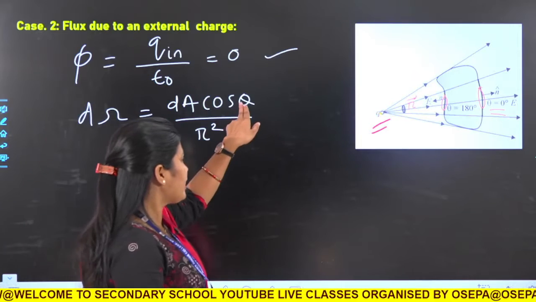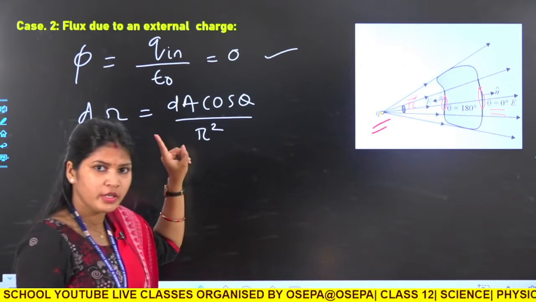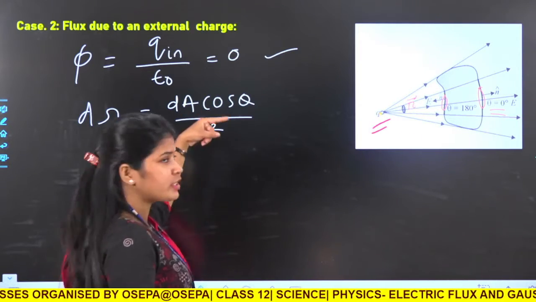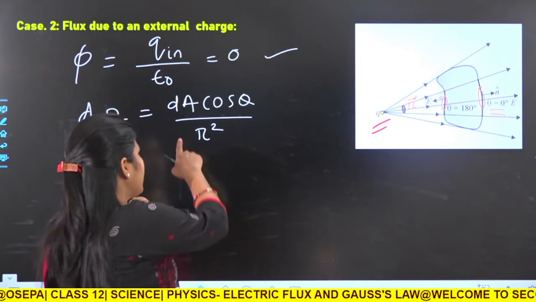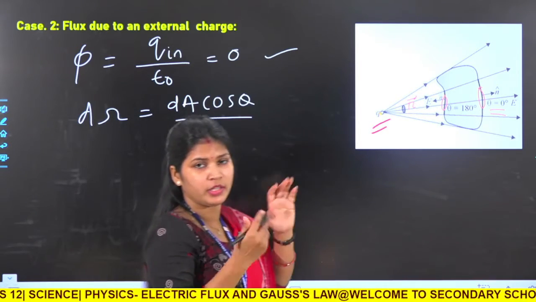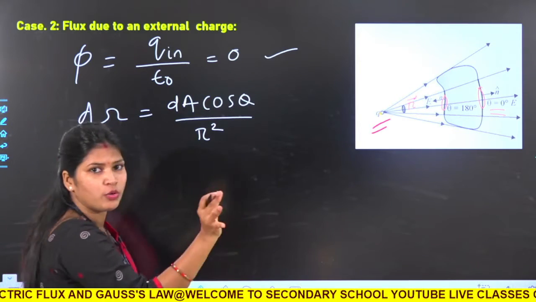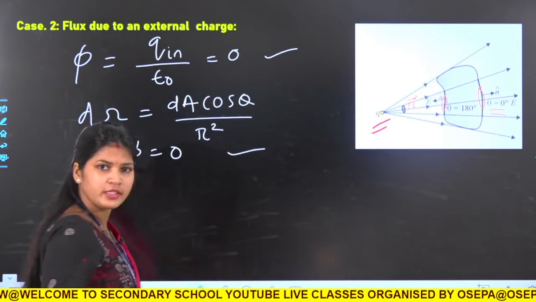So when theta is 180, that means minus dA by r square, and when theta is 0, it is plus dA by r square. So what is the total solid angle? Minus plus dA by r square. So d omega, the solid angle, is 0. Isn't it?